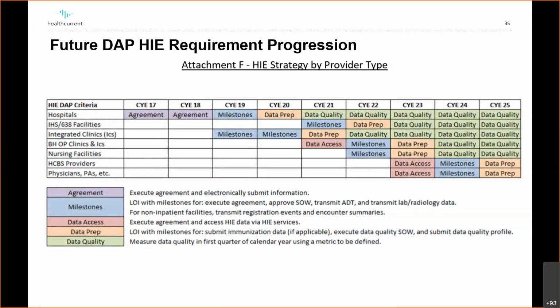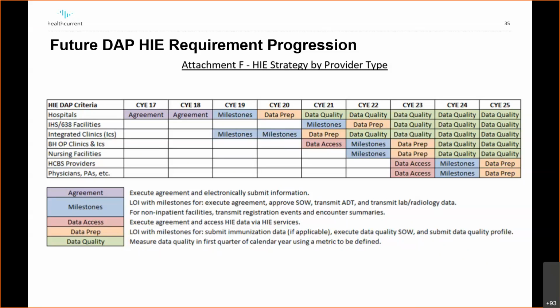several years, where it shows you how by provider type, the idea is that over time, Medicaid providers progress in their connectivity with and use of HIE services. And after they have actually started submitting data to the HIE, we go through a process to prepare them to do data quality work.